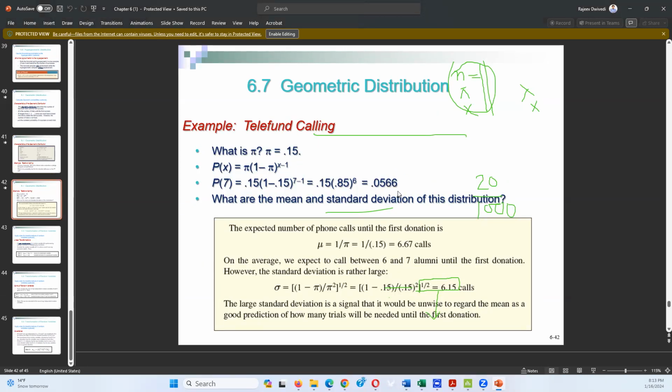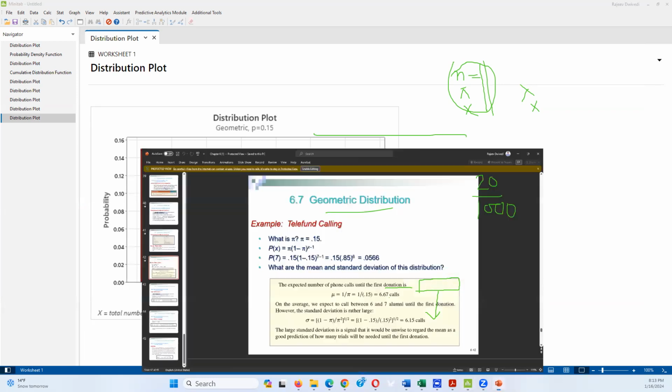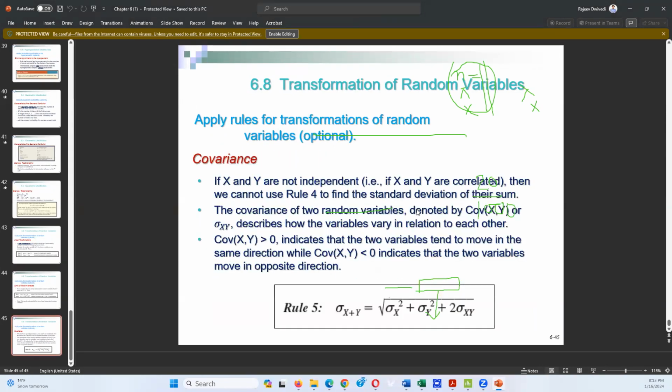Here you can see the same value, 0.0566. Where is the 7th? Here you can see 0.056, the same value you are getting in the geometric distribution. Is it clear? So I think this is all about chapter number 6.